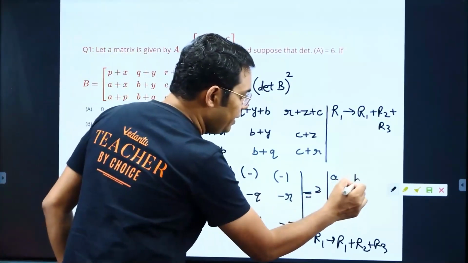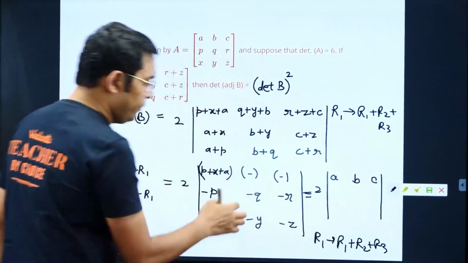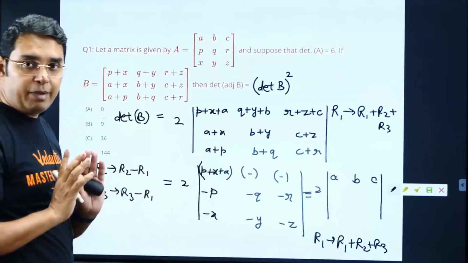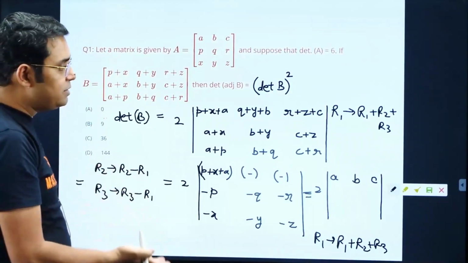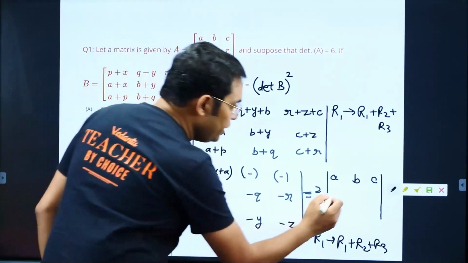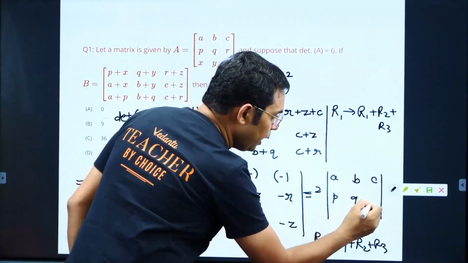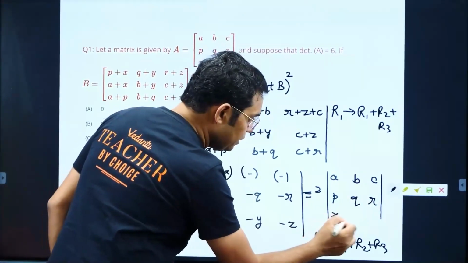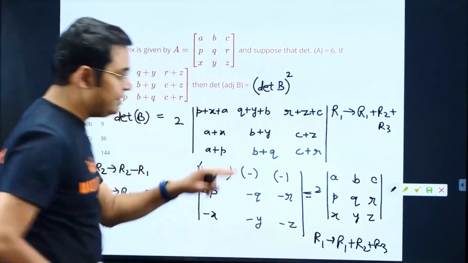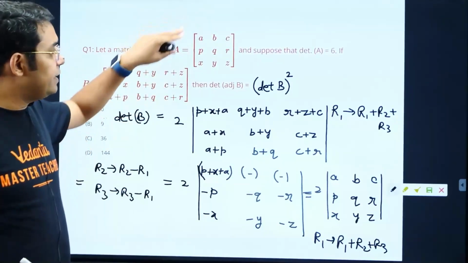Likewise we will be having B here, and C here. Now from these two rows, if I take minus sign common, 2 minus signs means plus sign. So here it will be P, Q, R, and this will be X, Y, and Z. And this is nothing but same as determinant of A.